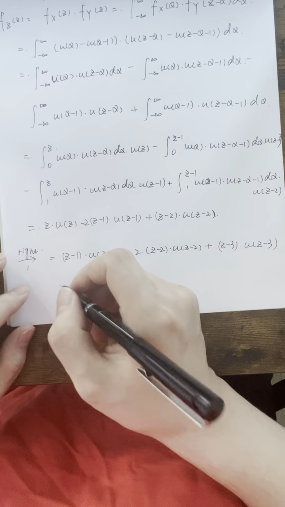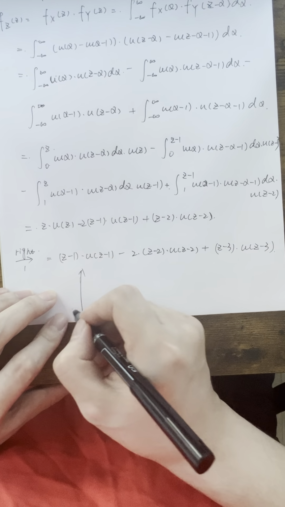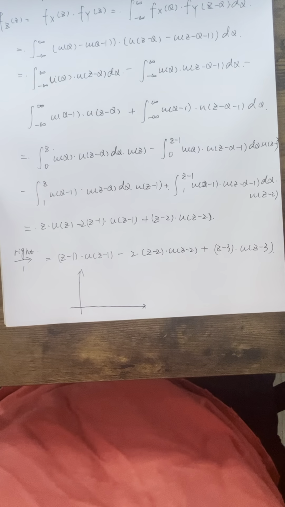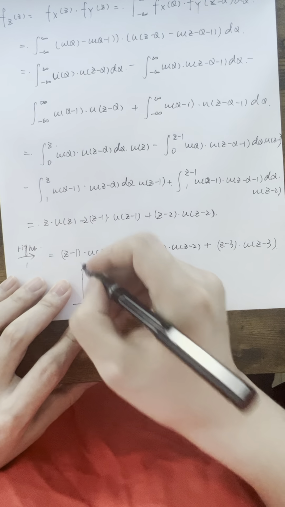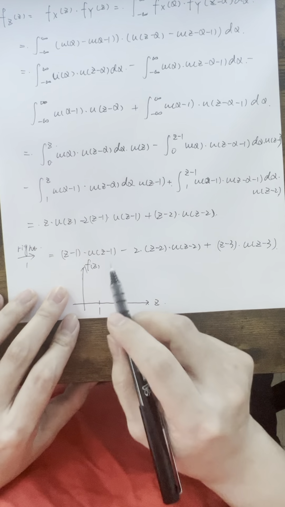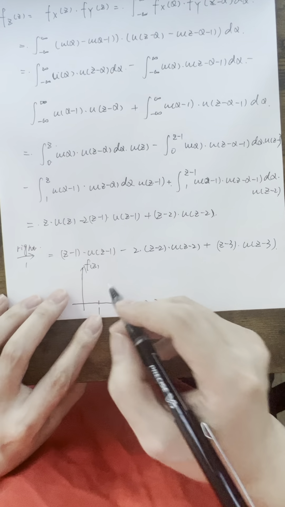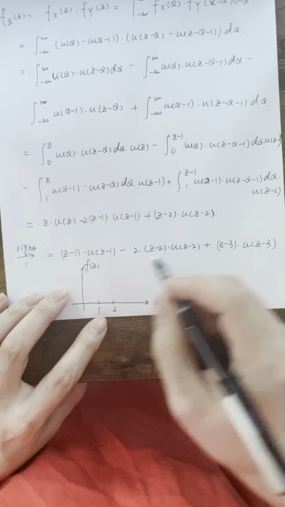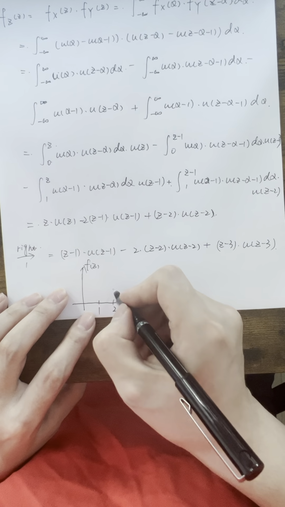Let's sketch the figure. Actually, we need to find 3 points. When z is equal to 1, the value should be 0. When z is equal to 2, the value should be 1.